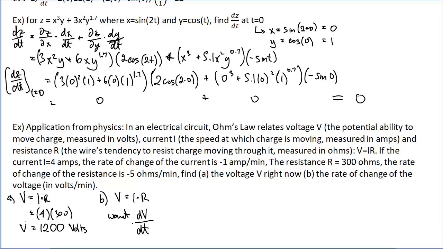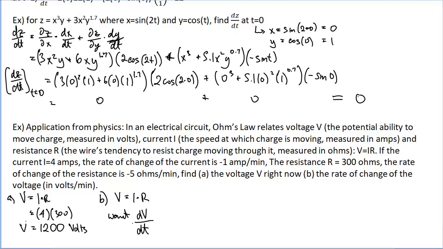So that tells us that the variable we want to take the derivative with respect to is going to be t. Now notice that we don't have expressions that we can differentiate. So we're actually going to have to use the formula for the chain rule, and we're going to see that that'll give us something that we can solve.